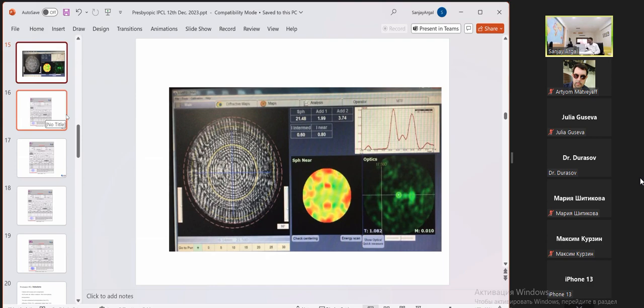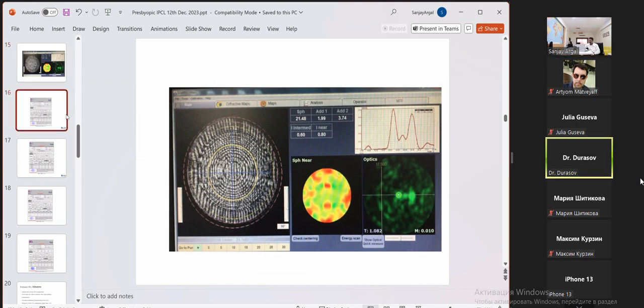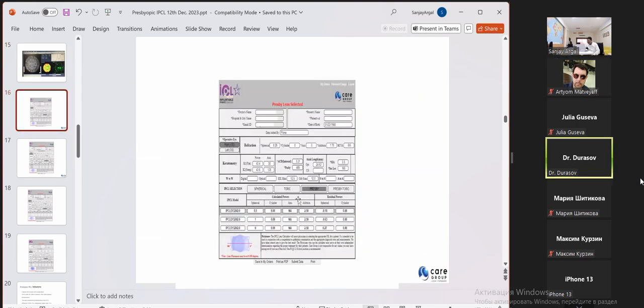And then we develop a nomogram to calculate the right amount of addition based on patient age and the current reading correction. And addition can be with the combination of myopia and hyperopia.